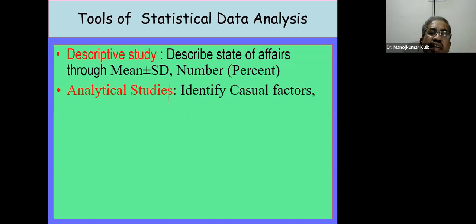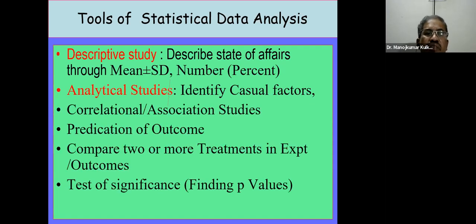Whereas in an analytical study, we try to identify causal factors, whether any of the factors are associated among themselves, so that in order to alter the outcome, we know how we can intervene. So it is studied using an analytical study. In analytical studies, we may use correlation or association studies. We can predict the outcome using regression.